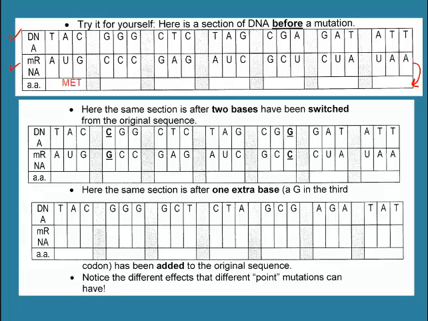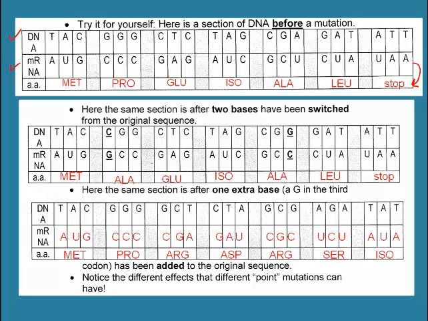Well, AUG is the start codon, and it always codes for methionine. CCC codes for proline, and the rest are shown as well. Now, these we got when we looked up the mRNA codons, not the DNA triplet codes in the table. Pause the video and try the other two examples shown here, and then check back and see if you got the matching sequence. Here are the sequences of amino acids that you should have come up with.